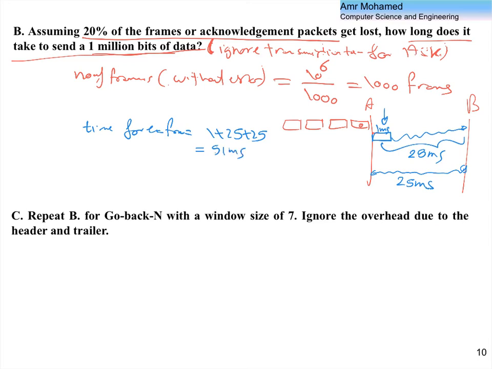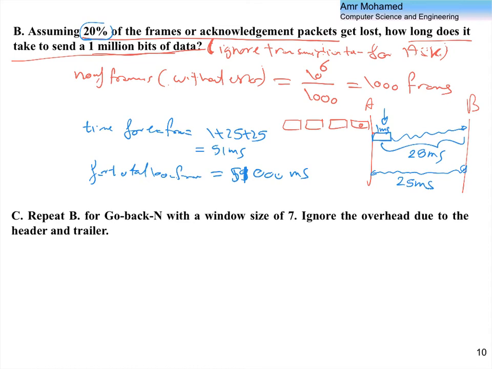So for a total of 1,000 frames, we have 51,000 milliseconds. Okay. In ideal life, this is what you're going to get. But unfortunately, I'm telling you here that 20% of these frames are lost.